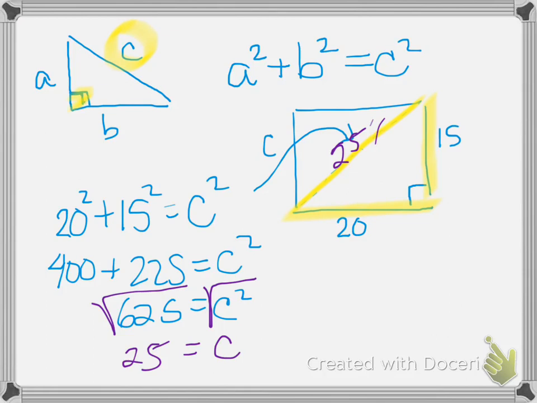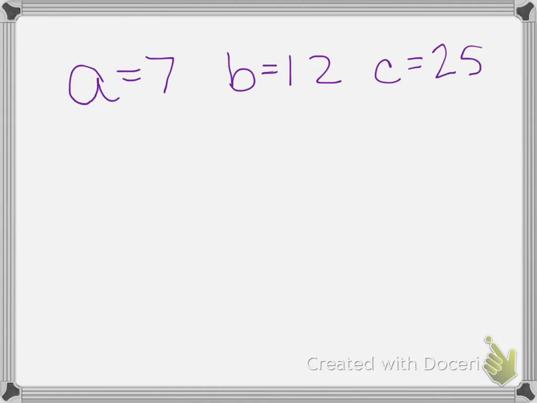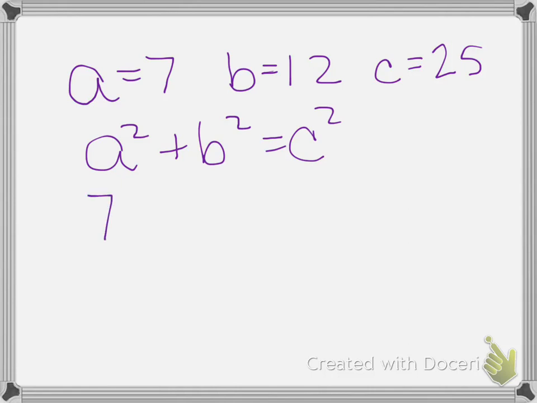A lot of times they'll do this: could I have a triangle with A equaling 7, B equaling 12, and C equaling 25? Could that be a right triangle? It could be a triangle, definitely, but can it be a right triangle? Then you have to plug them in and prove it.